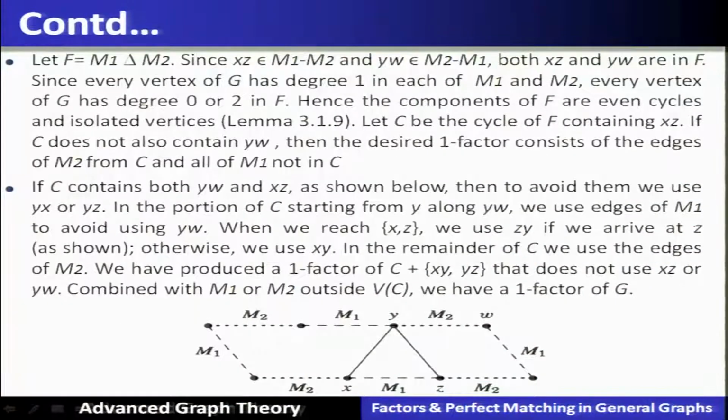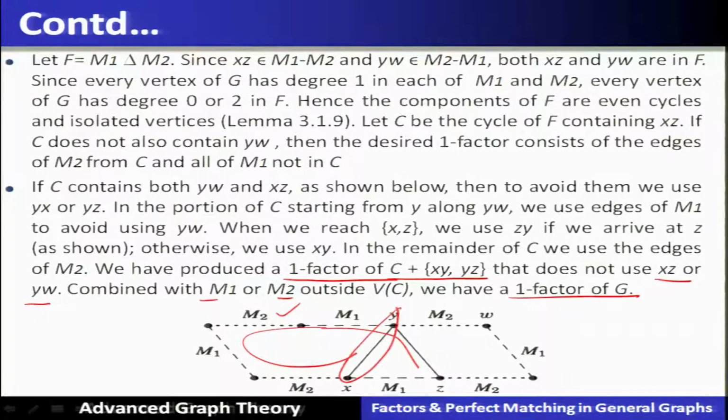So, here we have shown that we have produced a 1 factor of this particular cycle C, including xy and yz, that does not use xz or yw. Combined with M1 and M2 outside this cycle, we have obtained a 1 factor, using these edges but not these two edges. So, still we can complete a cycle. Let me again state this.